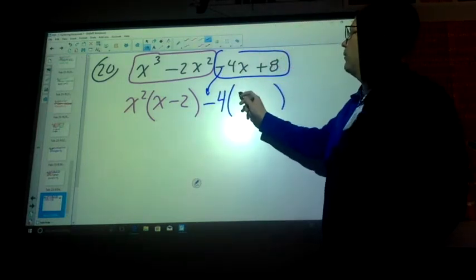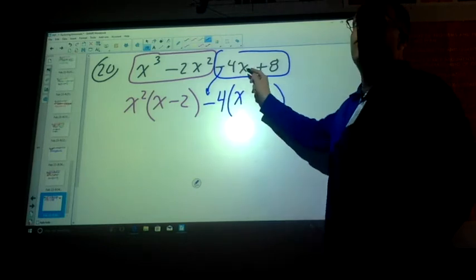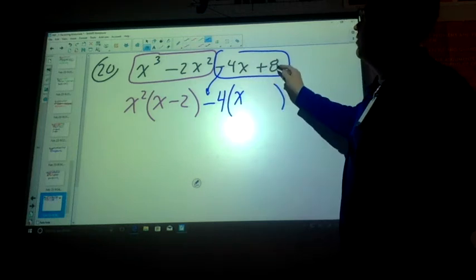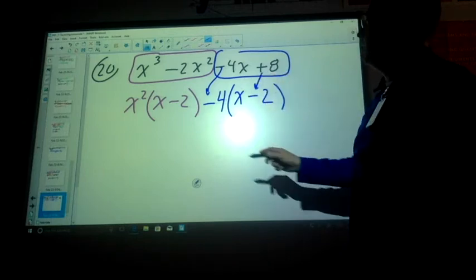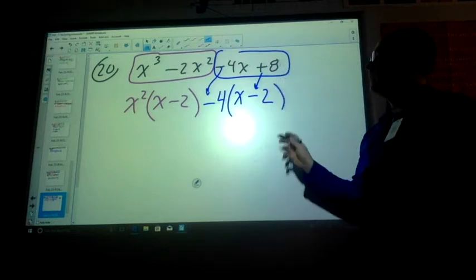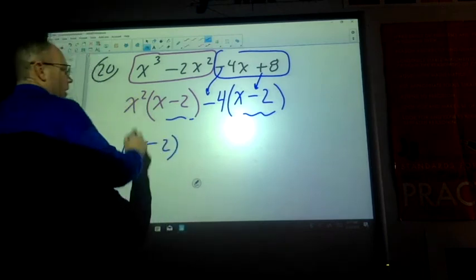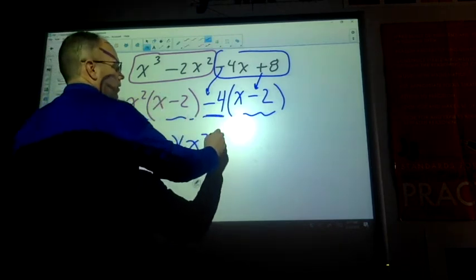I factor a negative 4 out, and it's going to leave me just x. Negative 4 times x is negative 4x. So negative 4 times what would give me positive 8? Negative 2. Look how that sign just changed. Negative 4 times negative 2 is positive 8. I have this and this in common, so I have x minus 2. And then whatever I have left, I'm going to make it a binomial.